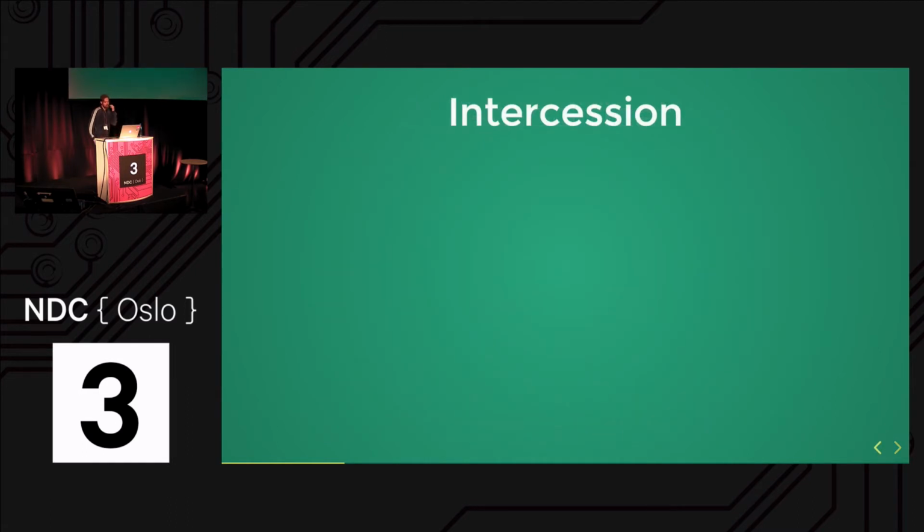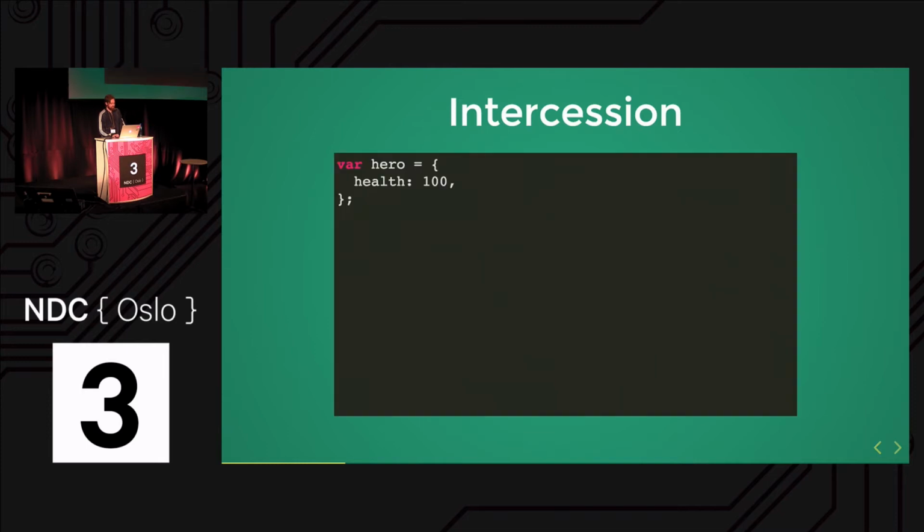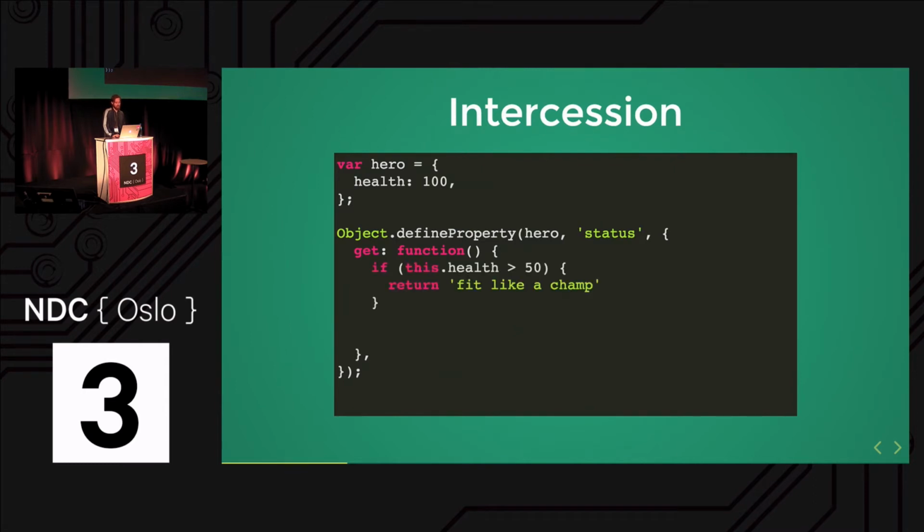And then you could do very simple intercession in JavaScript as well. So if we have an object which has a property, we could use this feature called Object.defineProperty to say that we want to define a new property on this object. And we want to define a getter for that property, where we say that if the health property here is bigger than 0, it's going to return the string fit like a champ.